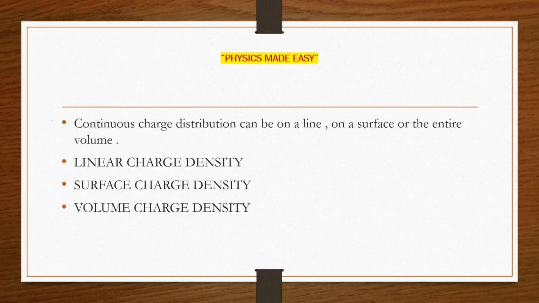As I said earlier, a continuous charge distribution can be on a line, on a surface, or in the entire volume. So in this concept, we are going to understand the linear charge density when the distribution is on a line, the surface charge density when it is on a surface, and lastly the volume charge density.